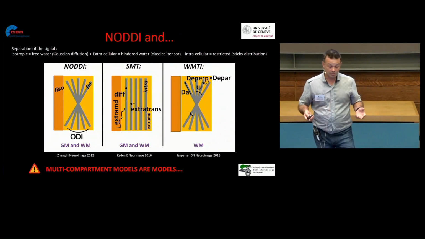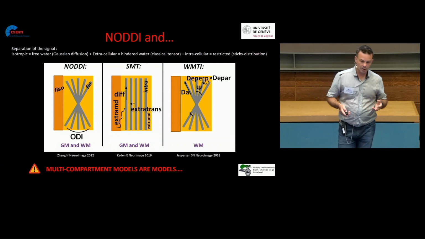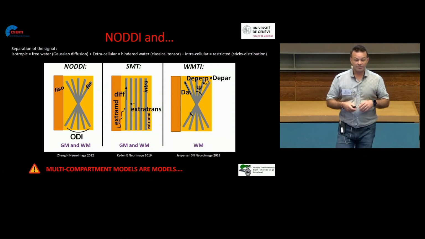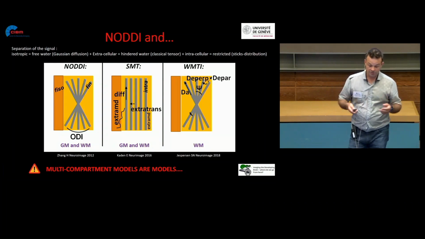So NODI is one of the models, and it's the one we use because we had a collaboration with Gary Zhang, who is the NODI guy in Geneva, but there are other models that we can see.